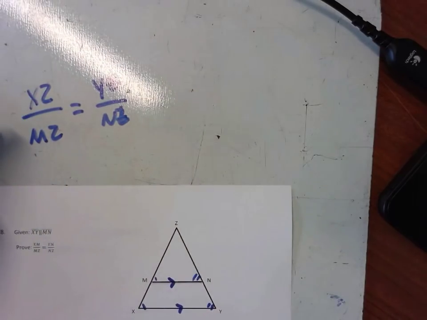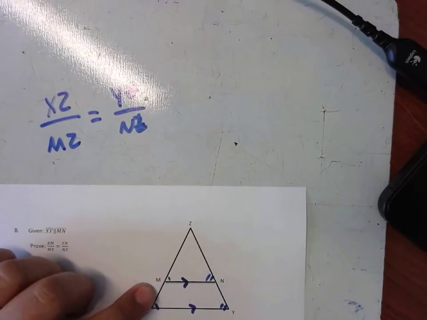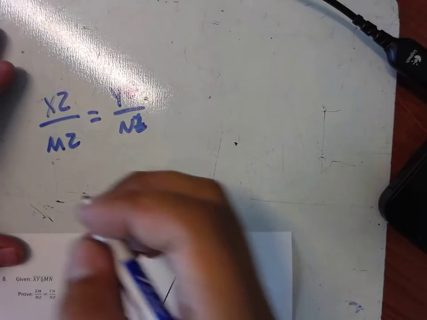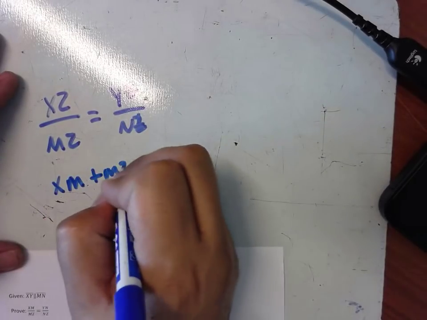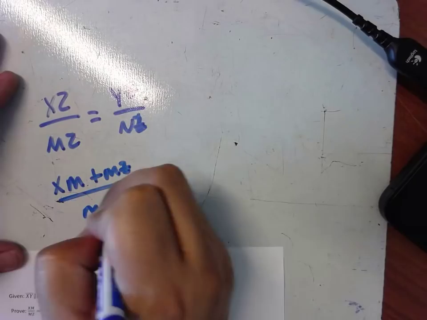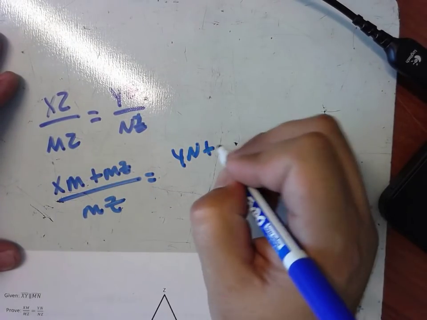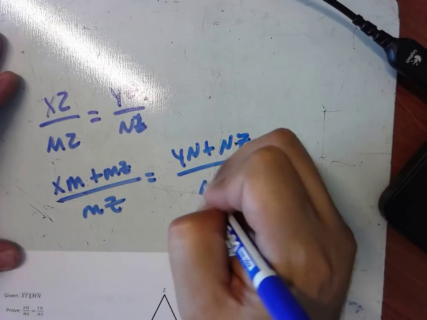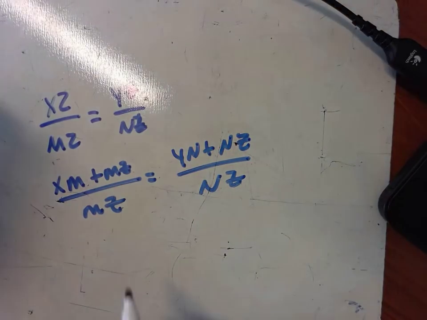Similar triangles are proportional. Then you're going to break up the numerator. Instead of saying XZ, it's XM plus MZ. XM plus MZ over MZ equals YN plus NZ over NZ. That's the segment addition postulate.